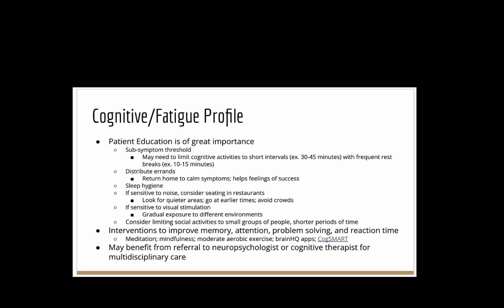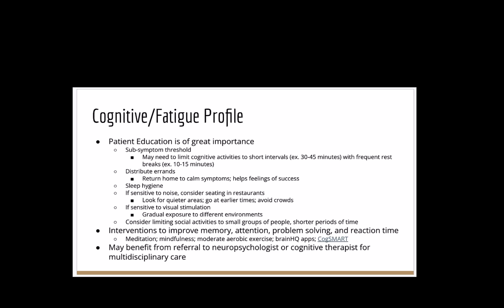So a similar kind of thought process with this particular patient profile is we've got to figure out a way to kind of give frequent rest breaks and distribute the tasks that they have, so that they can go through more of the daily tasks that they need to do with less overall symptoms. This is the patient profile where you need to be really careful about them overdoing it too quickly.